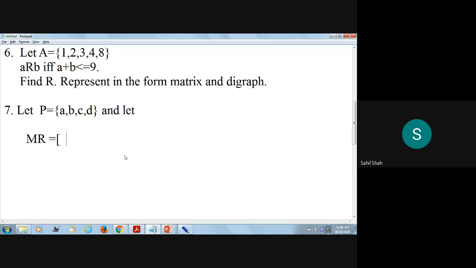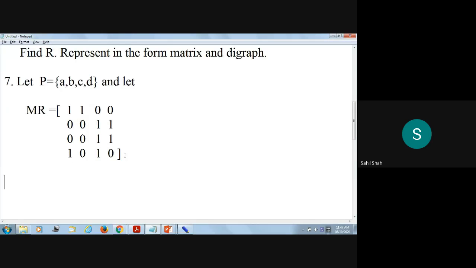Putting 1, 1, 0, 0, 0, 0, 1, 1, 0, 0, 1, 1, 0, 1, 0 matrix. What is the question?